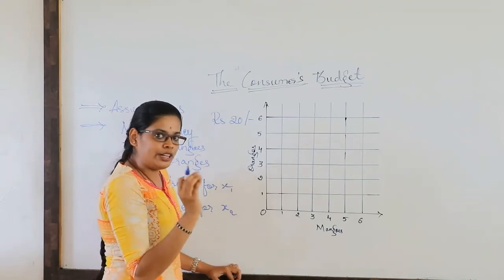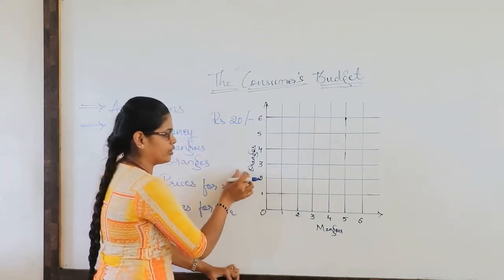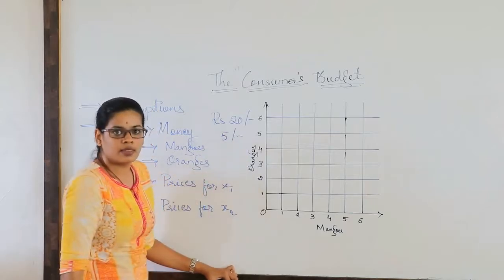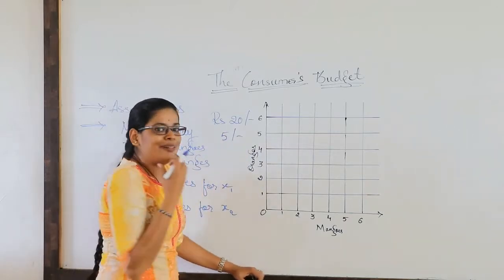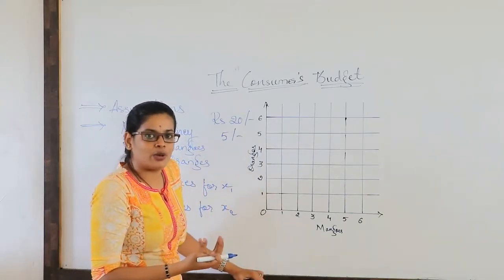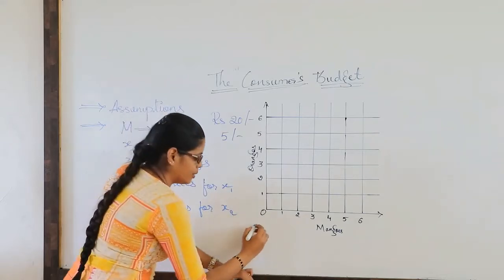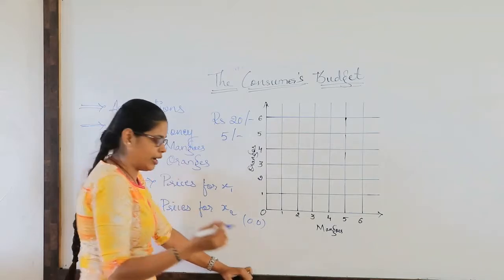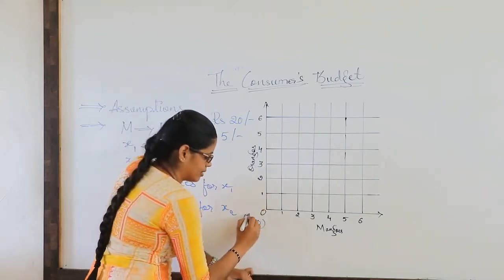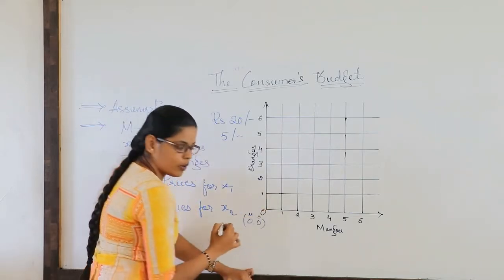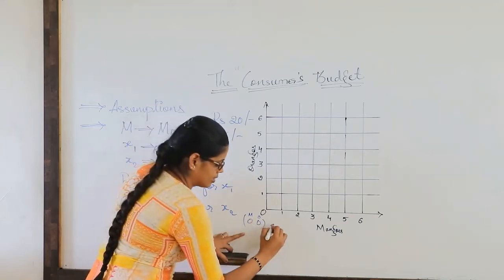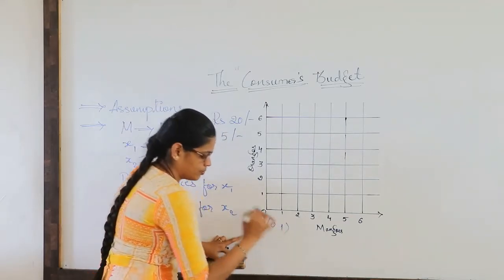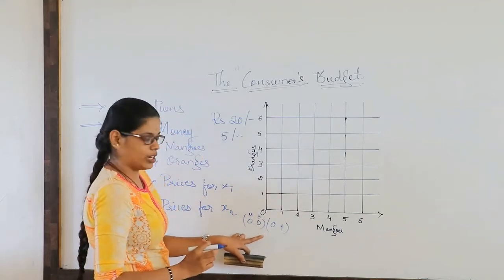And each unit of mangoes and each unit of oranges costs you 5 rupees. So how many combinations of bundles are you going to make? One combination is 0, wherein you are not buying. The second combination, this is mango, this is orange, is that you are not buying mango but you are buying one orange.